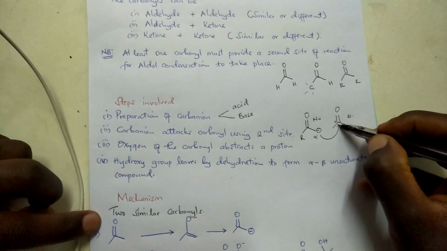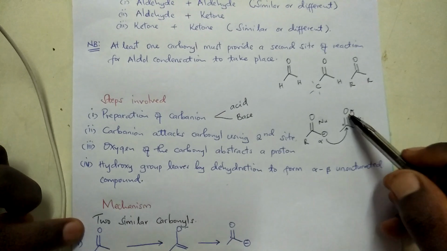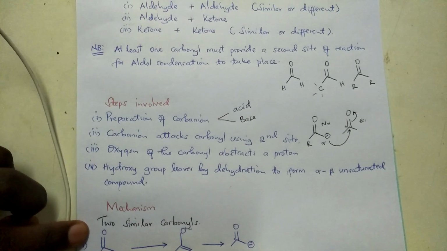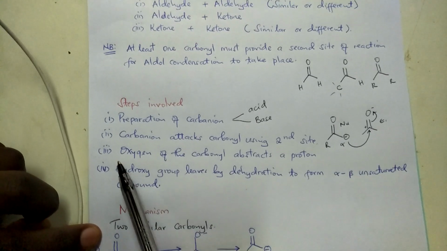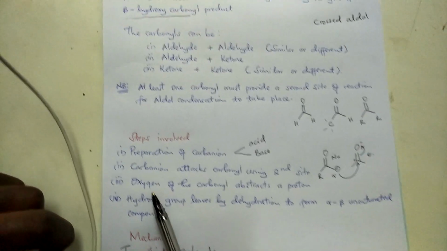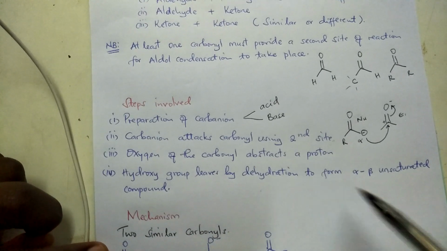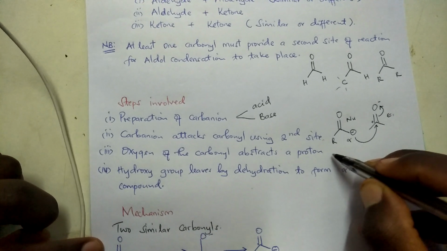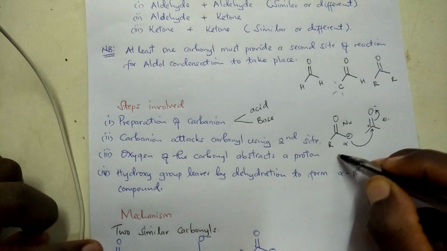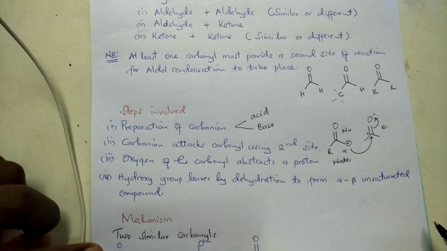And then when this is attacked, this one opens up like this, and another series of reaction takes place, because this one now becomes negative. That takes us to the third point here, that the oxygen of the carbonyl abstracts a proton. So it can abstract a proton from the medium of the reaction, which can be water, in case we are using base catalysis.